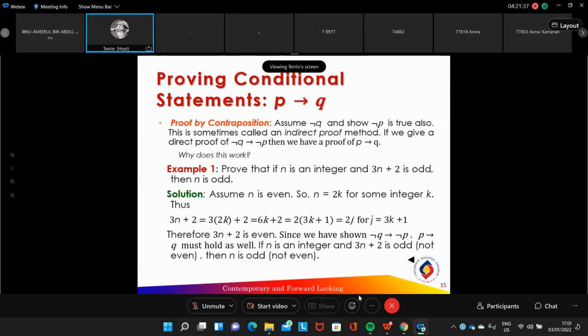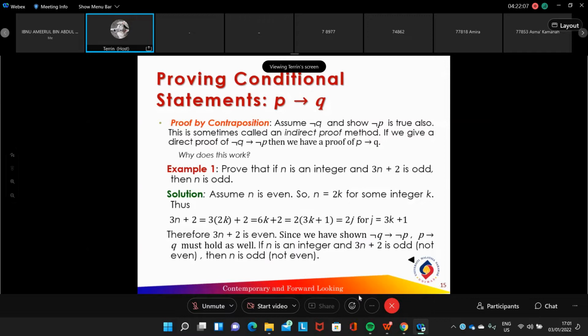So when we assume P is true, we don't have to show working for P. But in the case that that cannot be done, then we have to look at the alternative. Conversely, we look at the contraposition. So in contraposition, we say that negation of Q implies negation of P. So now we just have to focus on the state of P by just assuming the state of Q, or negation of Q, is already determined to be valid, right?